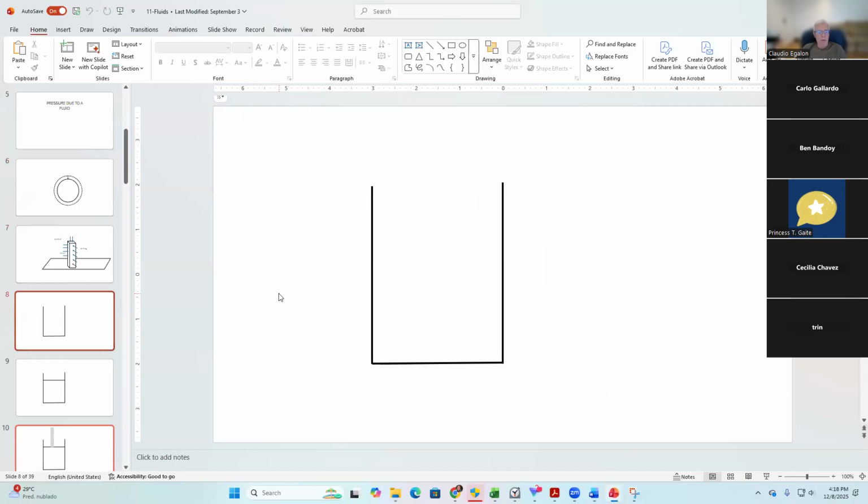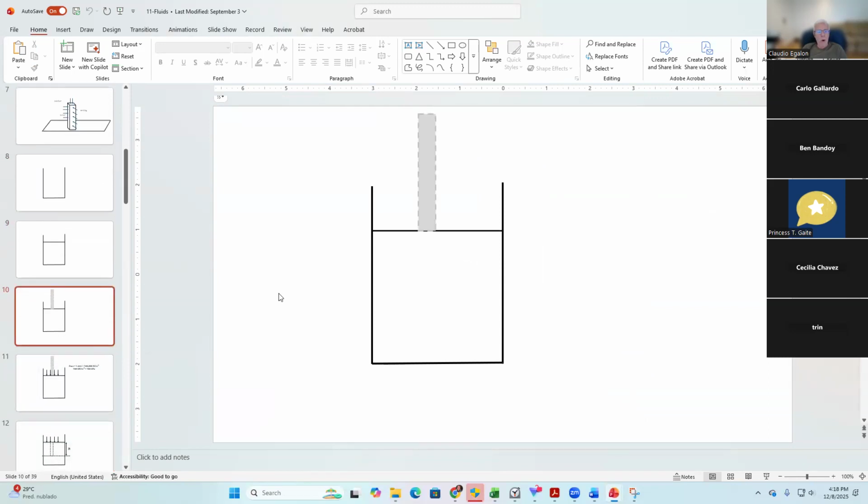I'm going to fill this container with a fluid. Let's start with water. Let's not forget that there is a column of air on top, at the interface between the water and air, and this column of air exerts a pressure.